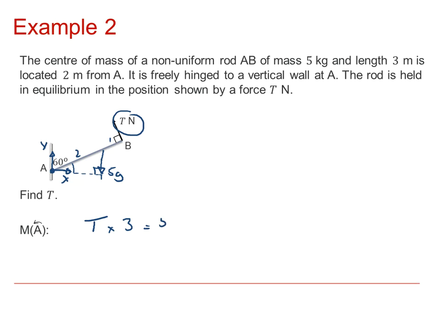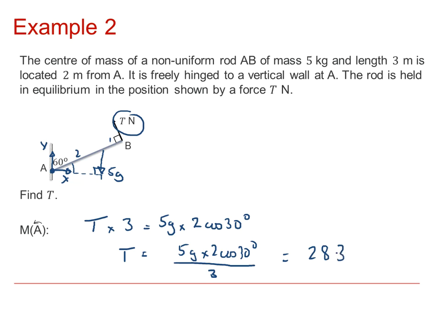Therefore, the moment is 5g multiplied by 2 cosine 30 degrees. That gives a value of T equal to 5g multiplied by 2 cos 30 divided by 3, which turns out to be 28.3 newtons.